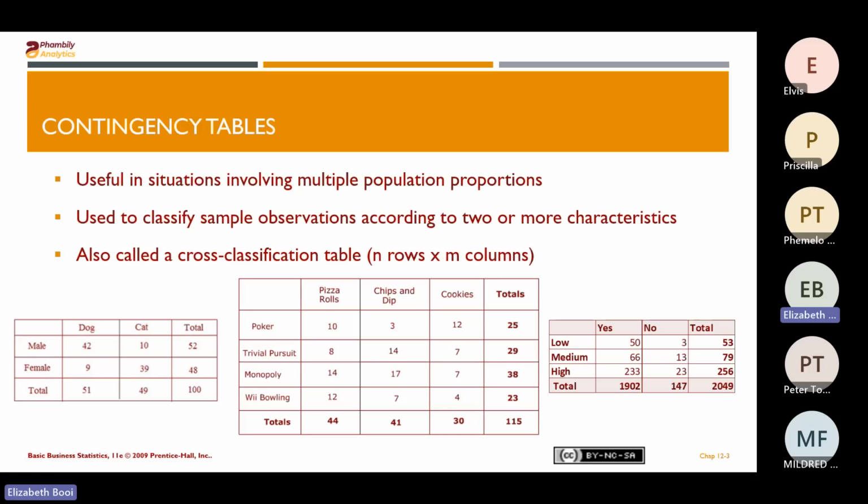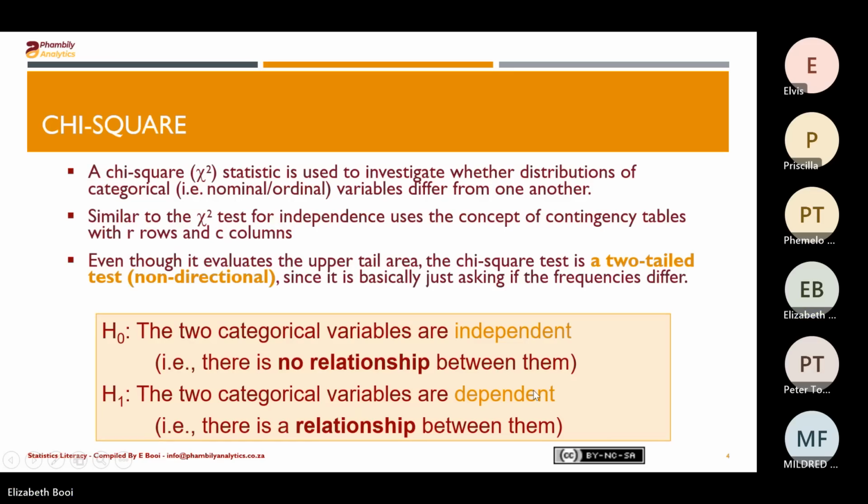Another thing you need to be aware of is that sometimes they might give you a contingency table without the totals. In order to do the analysis or the test for chi-square, you will need to calculate the totals. So if you get a contingency table without the totals, calculate the totals first.